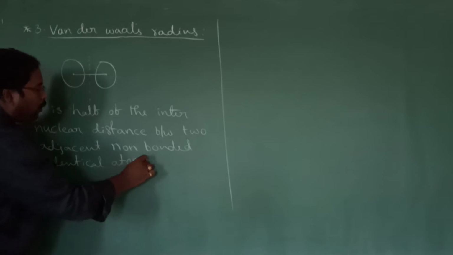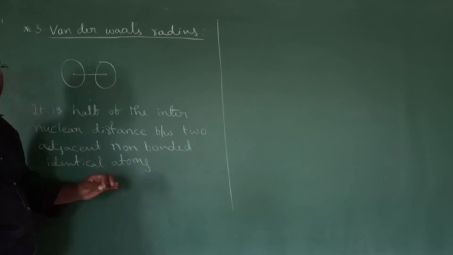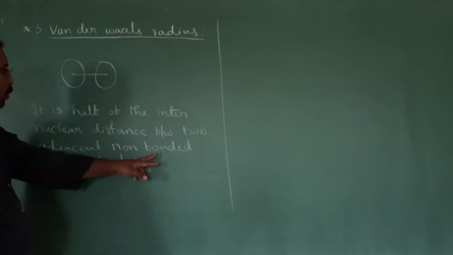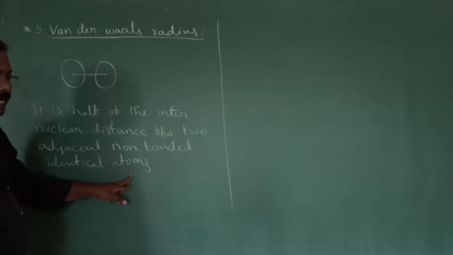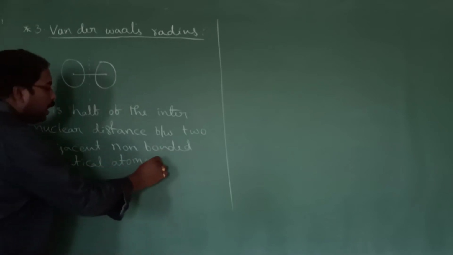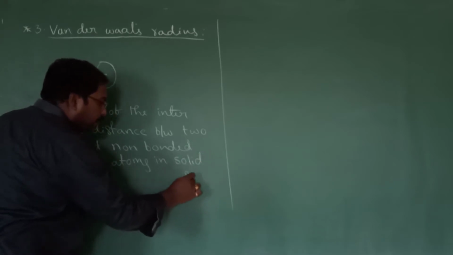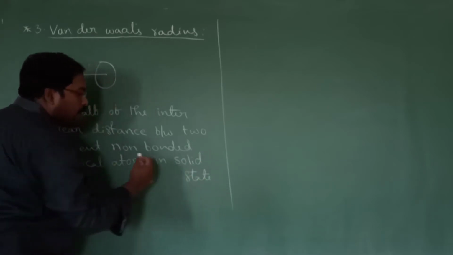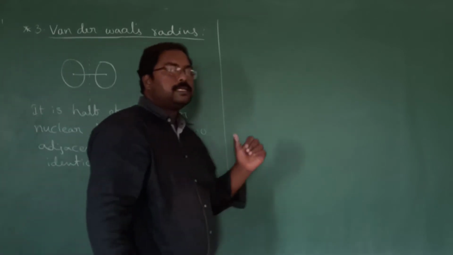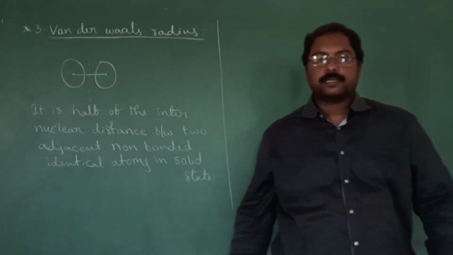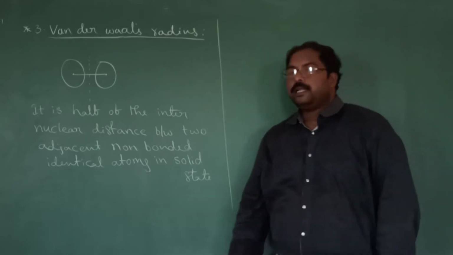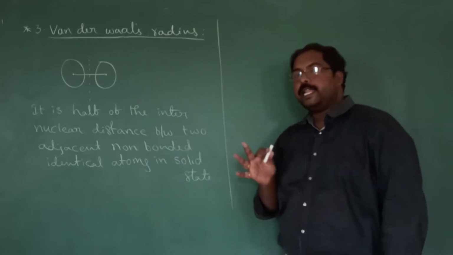Two non-bonded: there is no bond, no covalent bond, no ionic bond, nothing is there. Between the two non-bonded identical atoms in the solid state, that is known as van der Waals radius. So there is one more radius, that is ionic radius.